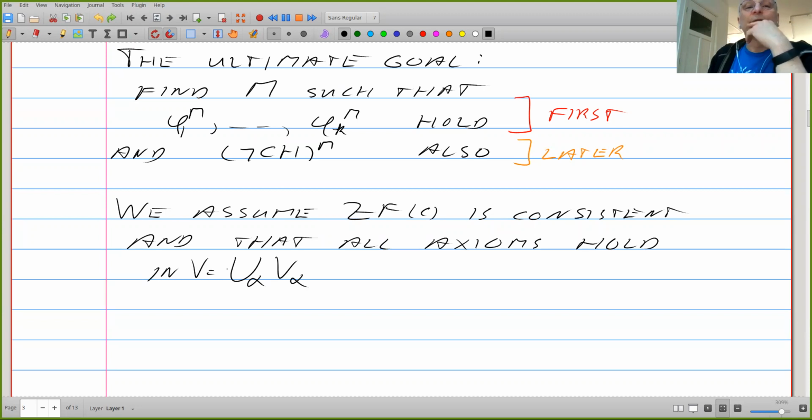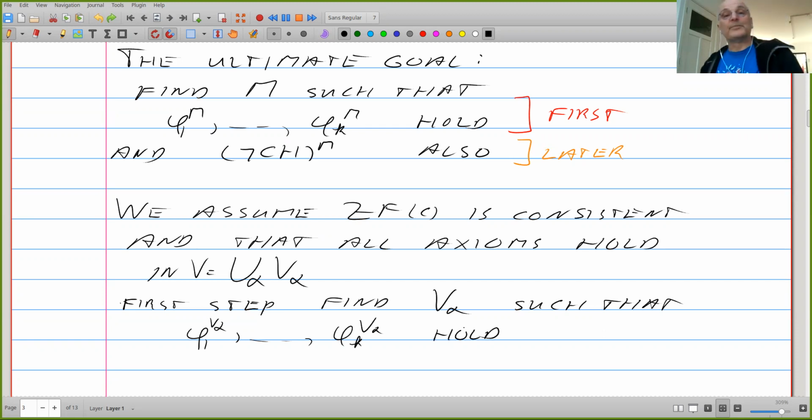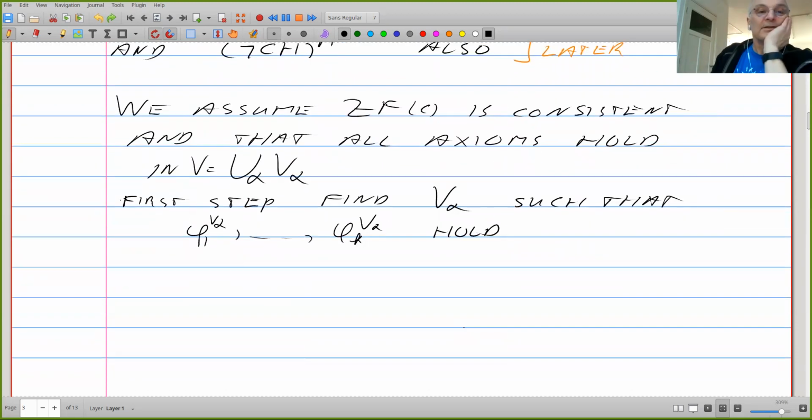And as a first step, the first step is going to be to find a V alpha such that the formulas phi1 up to phi k relativized to V alpha hold.